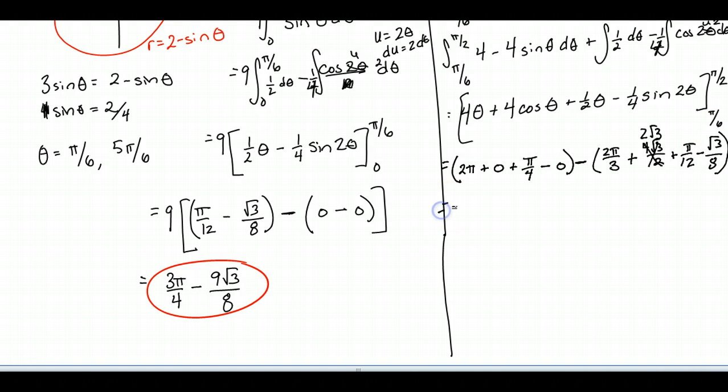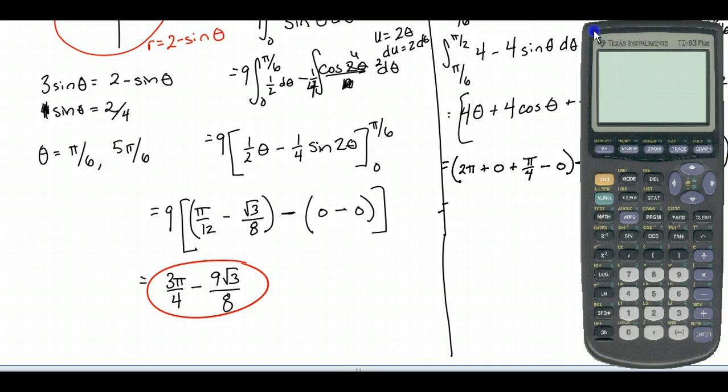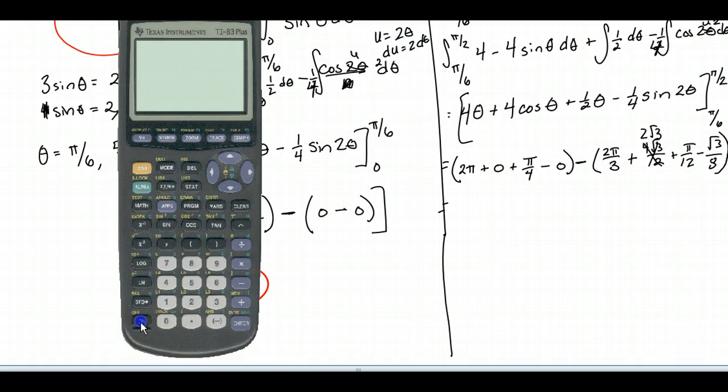And so on this side, I can start to put my like terms together. So what I would do, I have 2 pi, pi over 4, minus 2 pi over 3, plus pi divided by 12. I guess here I would just take my calculator out and add up all the coefficients.